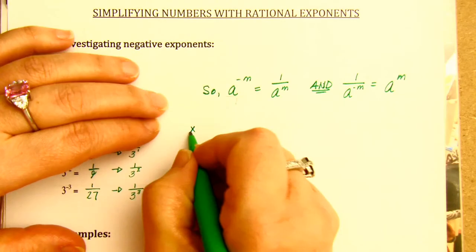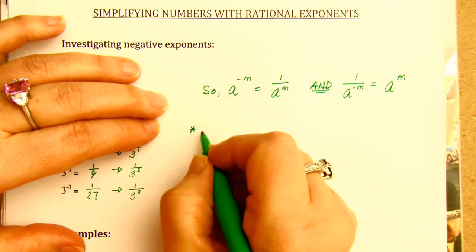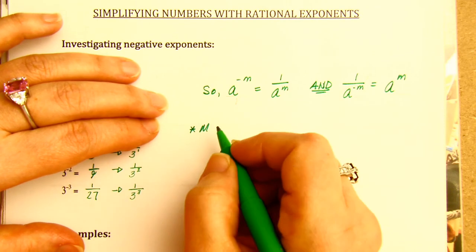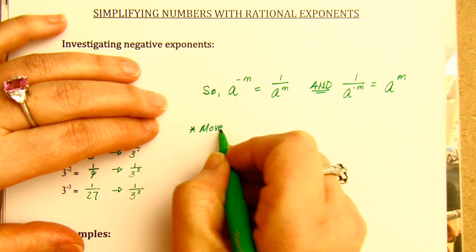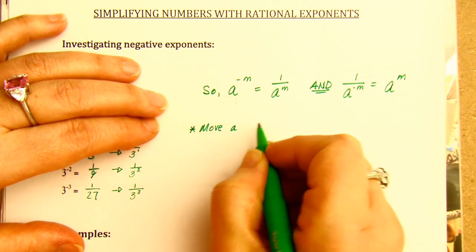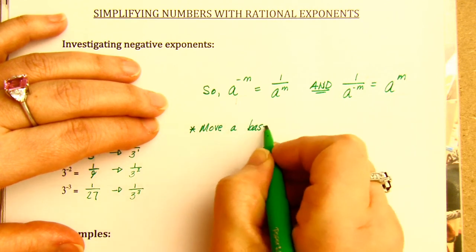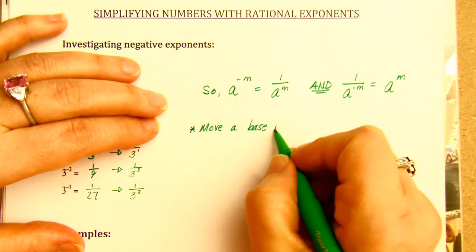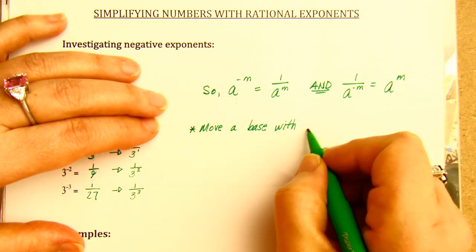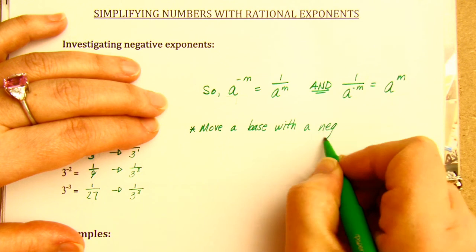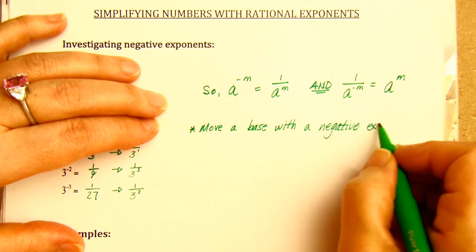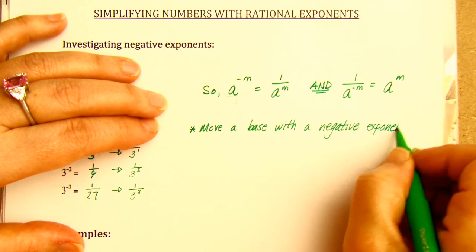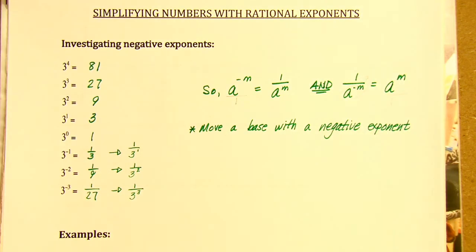I'll put a little star here and write some more notes. Remember, when I start having you turn in your notes, you've got to have all the writing. Move a base with a negative exponent. Okay, so we're going to take the base. Here's my base with a negative exponent.